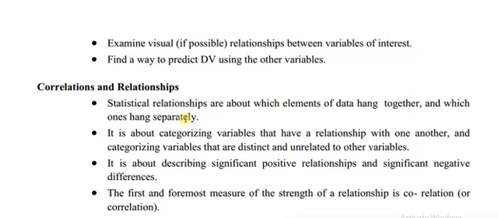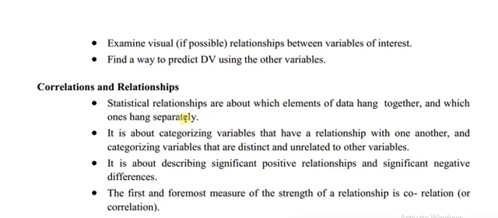So it is about categorizing variables that have a relationship with one another and categorizing variables that are distinct and unrelated to other variables. The variables which are related to one another are categorized as one type, and the ones which are distinct are kept separately.